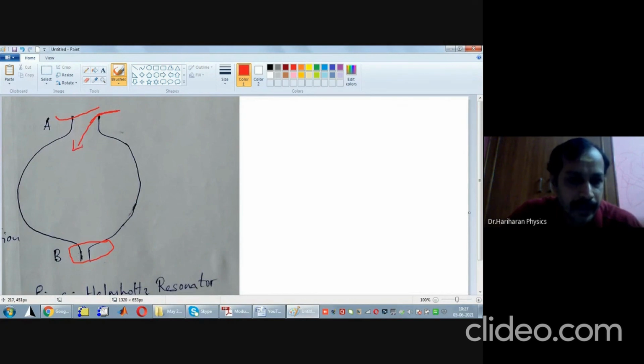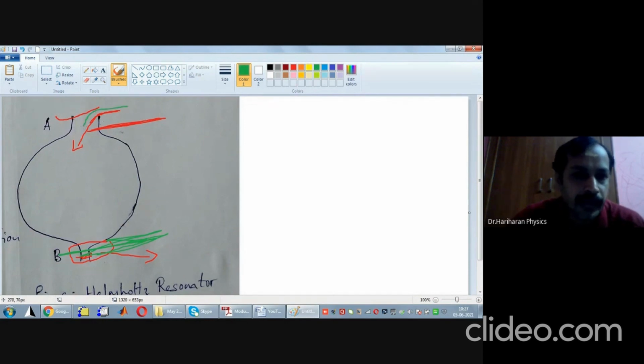And this end B is kept near the ear, or it will be connected to, say, a spectral analyzer, which is going to analyze the quality of the musical note. Therefore, here is the place you will give input, and this is the place where we will have output. This output will be used to measure the quality of a musical note. It could be your blowing air. It can also be sound vibrations that are coming from a musical instrument.